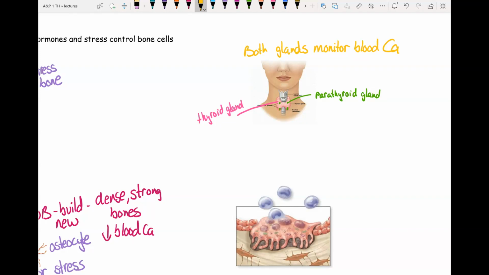The thyroid gland responds if calcium is high. So if you have high blood calcium, then this gland secretes calcitonin. The parathyroid responds when blood calcium is low.